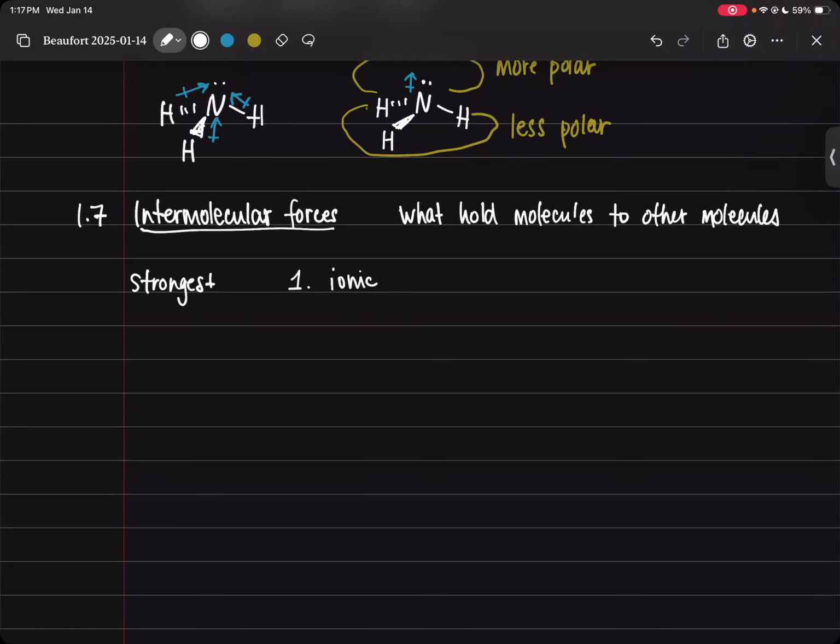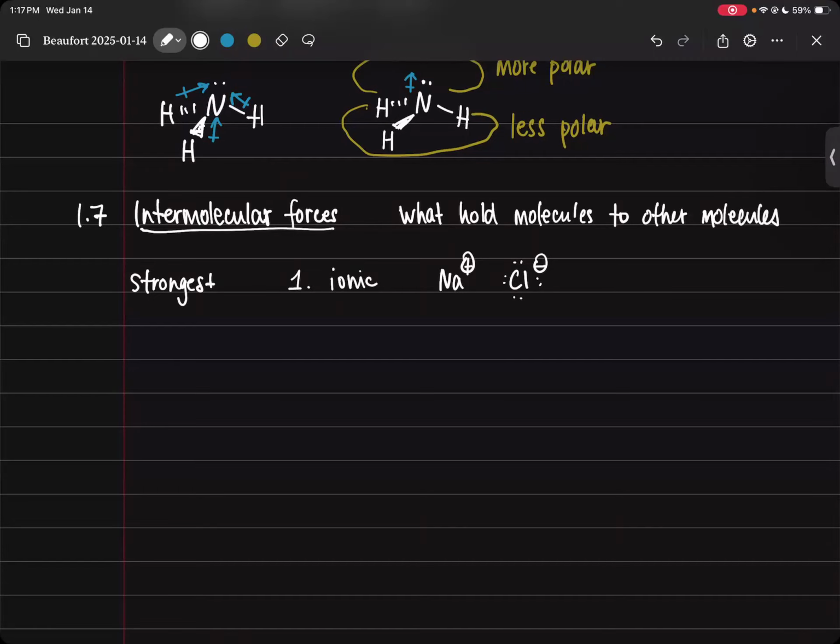it's funny, the strongest one that, we don't care about too much, is ionic. Try pulling that sodium away from the chloride. It's not going to happen.